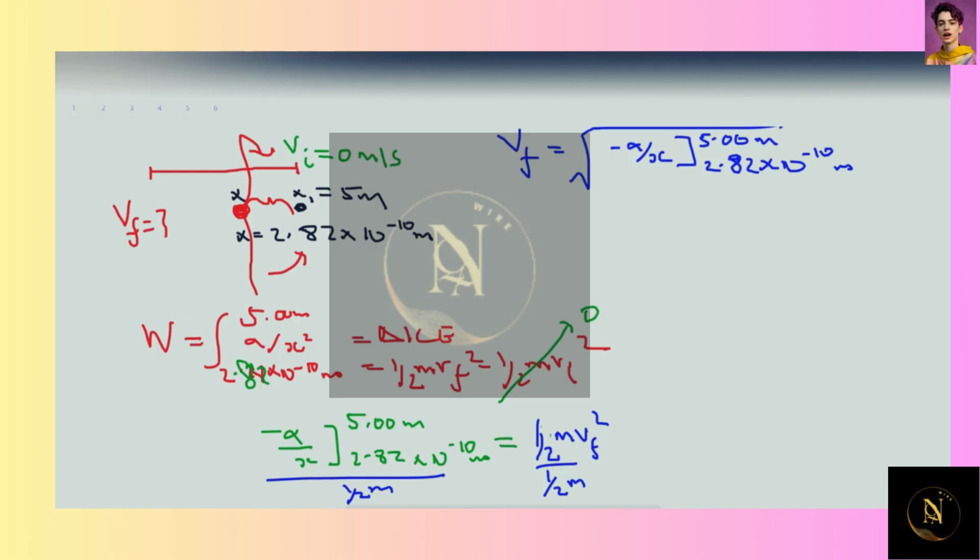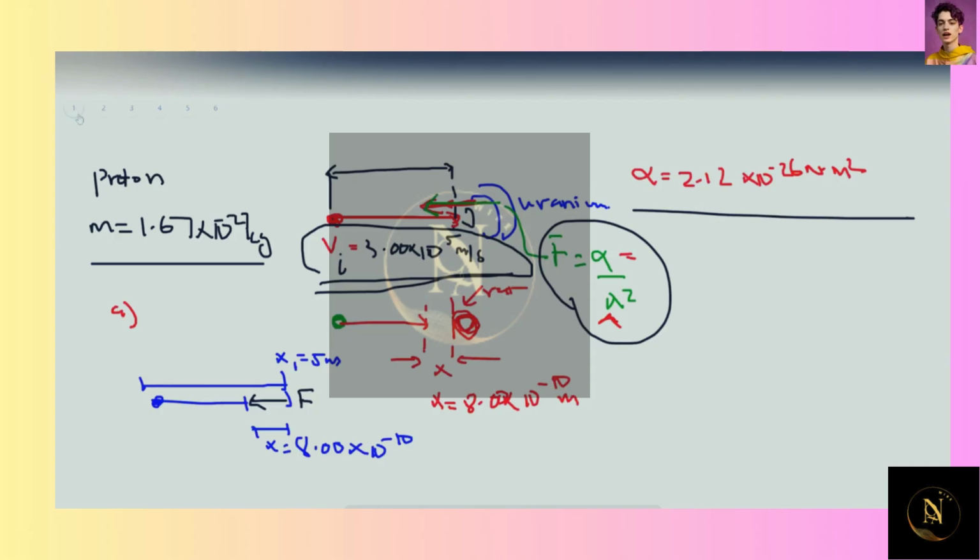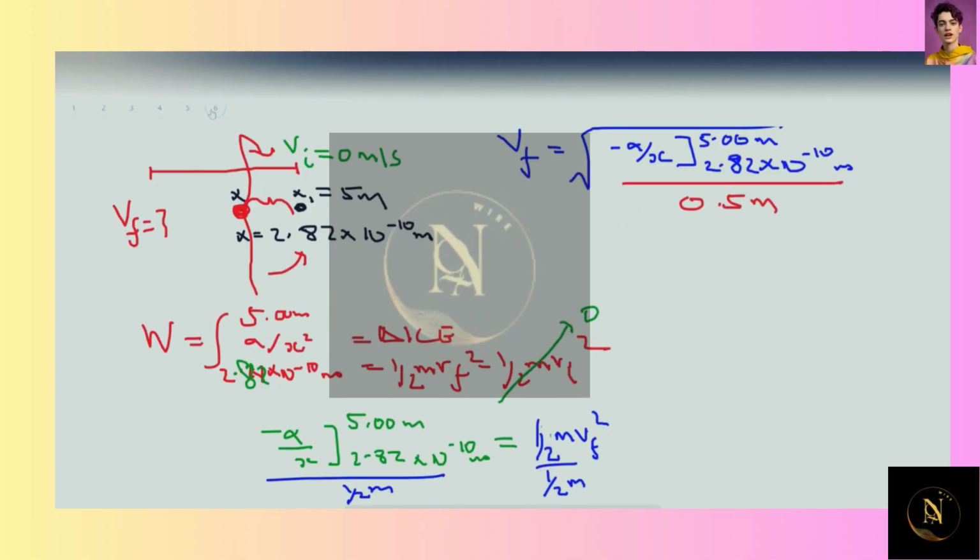That has to be divided by 0.5 m. Remember, m is the mass of the proton, which happens to be 1.67 times 10 to the negative 27. So we have to be very careful about the units. Okay, so always keep track of all the units. So this one becomes radical.